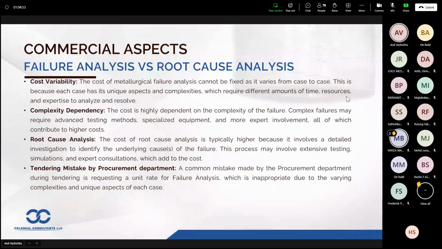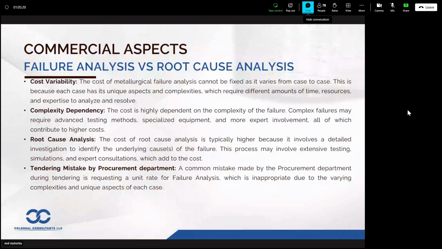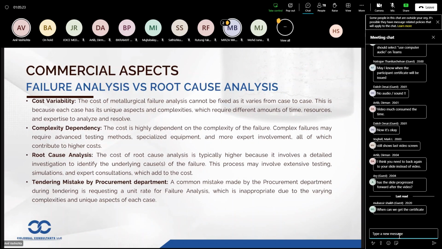We can't have a unit identified rate for the analysis, but many times they say, give a rate for tensile, hardness, micro, macro, SEM, and the total cost of the failure is much higher than the unit test rates, because the cost of the failure is not the cost of these tests, but the cost of the total package, which involves the expertise.